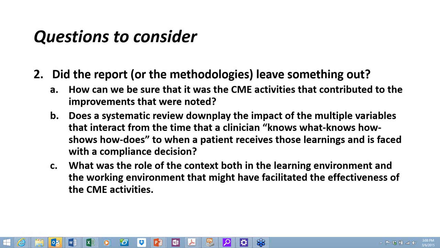But at the same time, we do need to have some sort of sense of, once we consider all of these activities as a whole in the context of a physician's own personal development as he or she moves through his or her career, it then becomes important to take a look at whether or not the approaches they've taken in their efforts to develop continuously over their career have been effective.